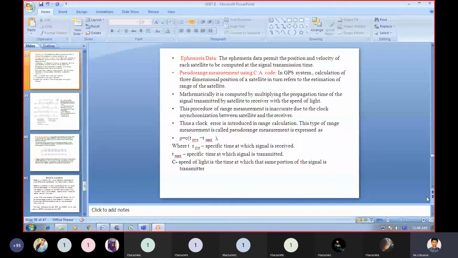The last, third category is pseudo range measurements using the C/A code. In the GPS system, calculation of the three-dimensional position of a satellite in turn refers to the estimation of the range of the satellite.